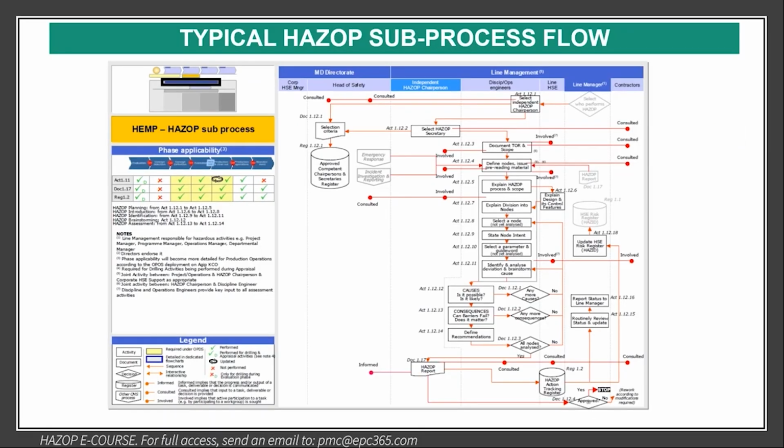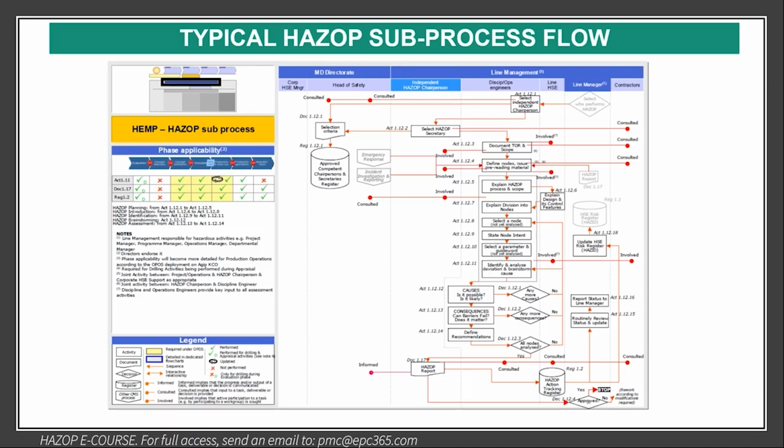This is a typical HAZOP sub-process flow. Normally, you have your line manager, you have line HSE, and for each project, normally it should be an independent chairman outside of the project, and head of safety or lead safety engineer who will select the chairman.